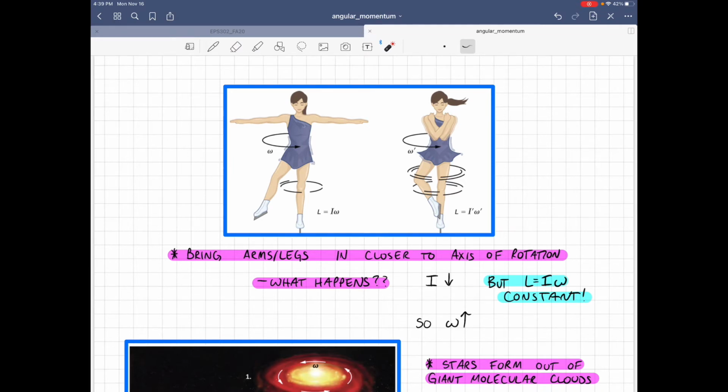And so we bring our arms and legs in, moment of inertia goes down, but omega, the angular speed, goes up, and so you'll see the skater spin faster and faster and faster as those arms and legs come in closer to that rotation axis.